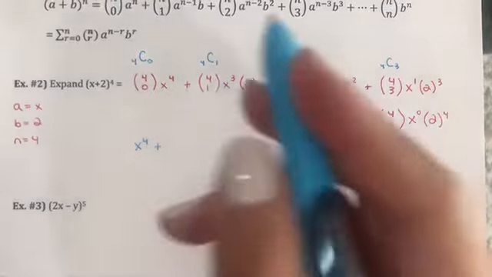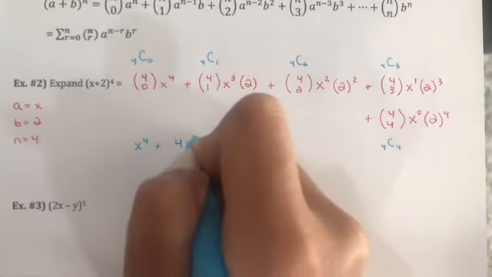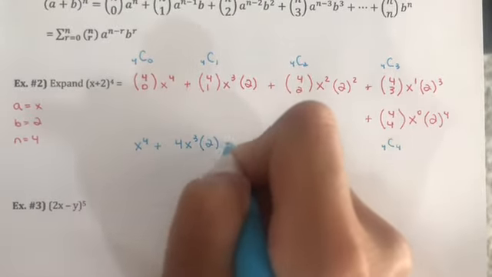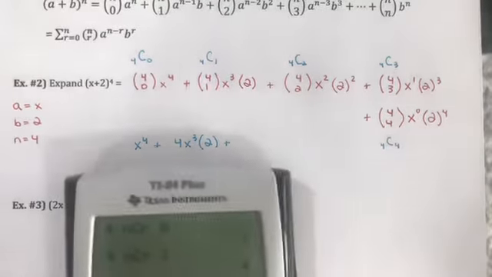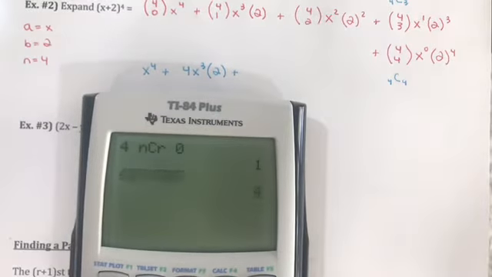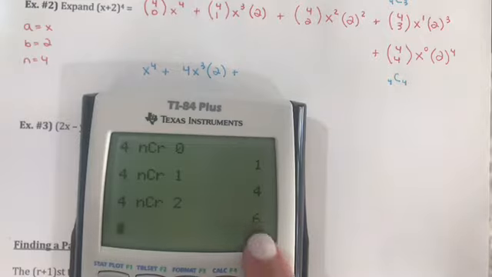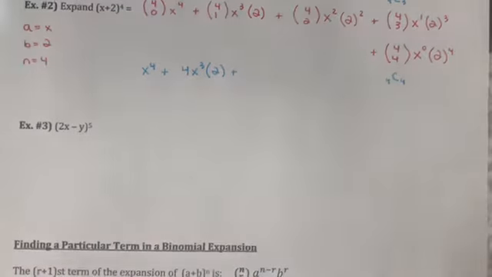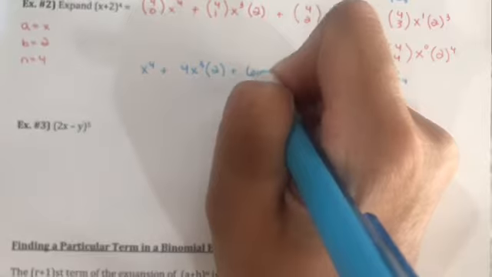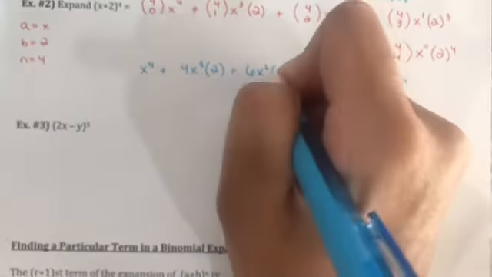So I've got 4 x cubed times 2. We'll simplify in a minute. 4C2 is 6. x squared times 4.